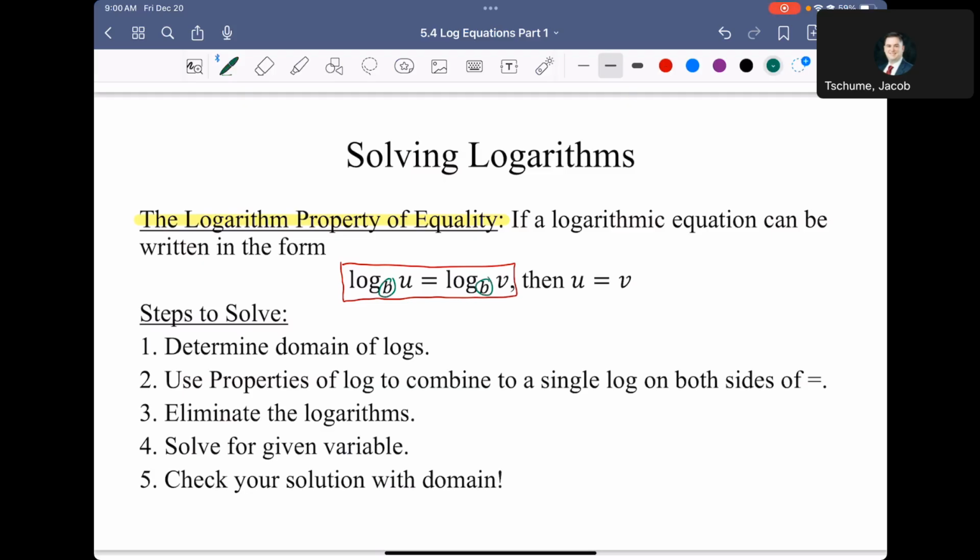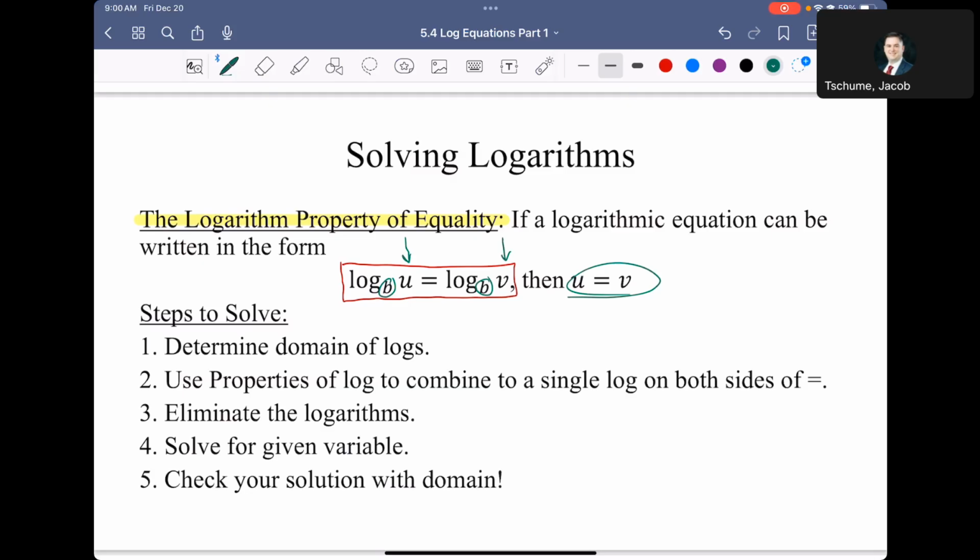So if you're able to simplify an equation where there's a logarithm on one side and a logarithm on the other, and they have the exact same base, all you have to do is take the information inside the logarithm, in this case u and v, set them equal to each other, and solve that equation instead.